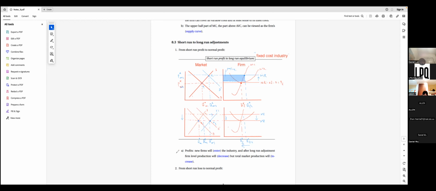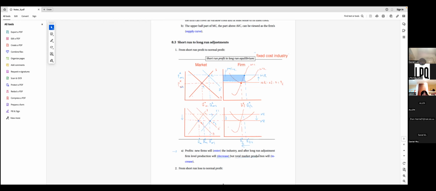Let's summarize a little bit here. When you get a short-term profit, the story is that new firms will enter the industry. After this whole thing, the so-called long run adjustment process, firm level production will decrease, as we did here, because new firms have entered into the industry, so your market share, generally speaking, will decrease.